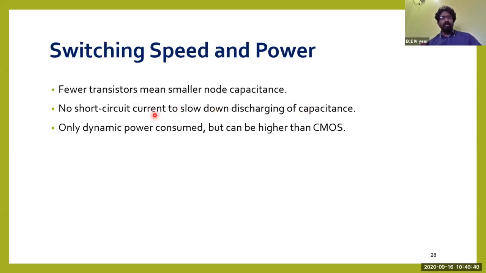But here, since no short circuit takes place, there will be no slowing down of the discharging of the capacitor. And also only the dynamic power is consumed, but it can be higher than the CMOS. This power consumption is a disadvantage of the dynamic CMOS logic structure. For the dynamic logic structure, the dynamic power will be more compared to the CMOS, and this is the only major disadvantage compared to the static CMOS structure.